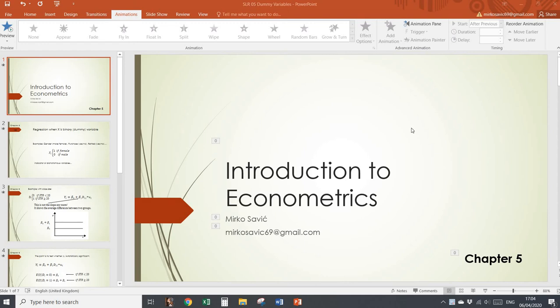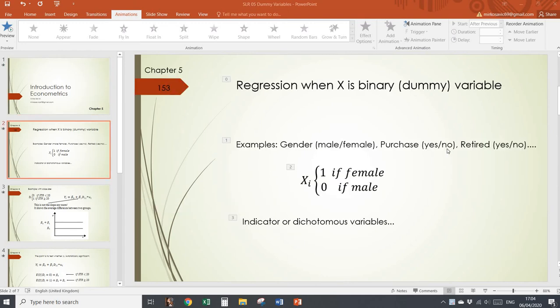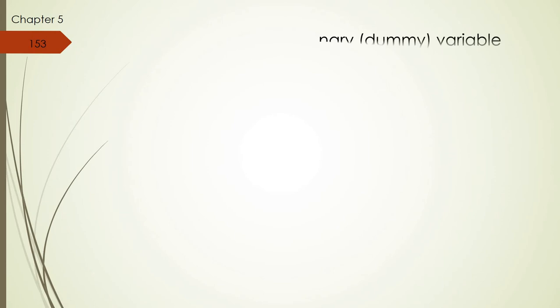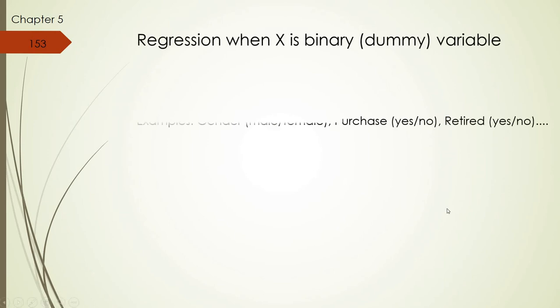We are still in chapter 5, and the next topic is regression with X as a binary or dummy variable. So what is a binary or dummy variable? For example, if you have a variable like gender that has two values, male or female, or purchase, that someone has bought the good or not, or someone is retired or not, you can designate the values instead of the words.